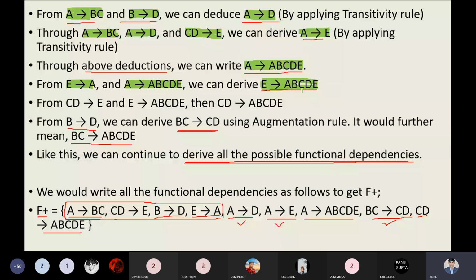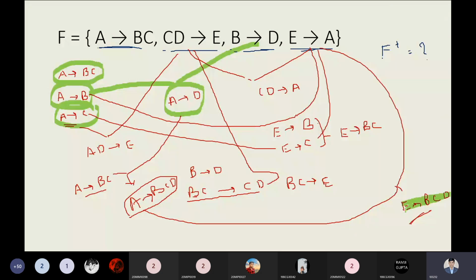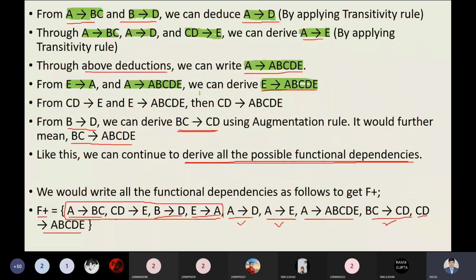Okay, B, C, D we have already calculated, and by the reflexive rule, E determinant to E is also possible. So E determinant to B, C, D, and B, C, D, E is also possible, and E determinant to A we have already. So by default, we can say E determinant to A, B, C, D is also possible. Just tell me right now, is it possible? Everything is possible. But if possibilities occur, then we can include, else we have to leave.